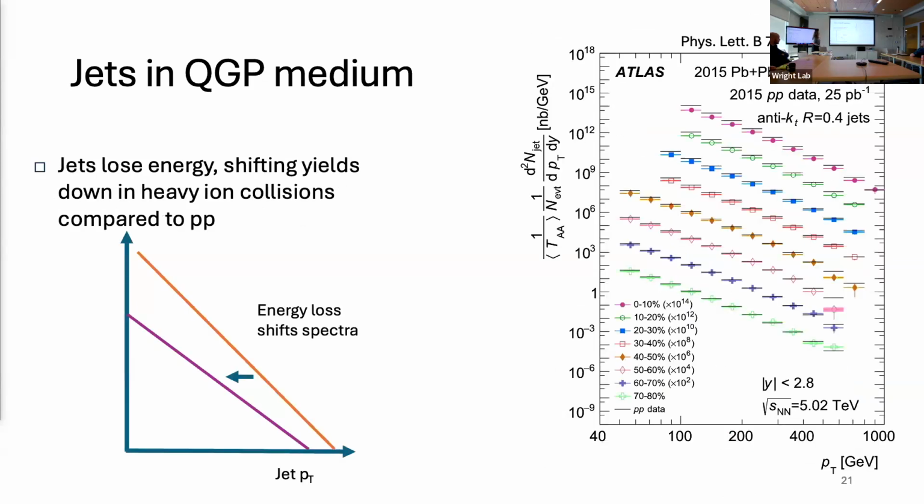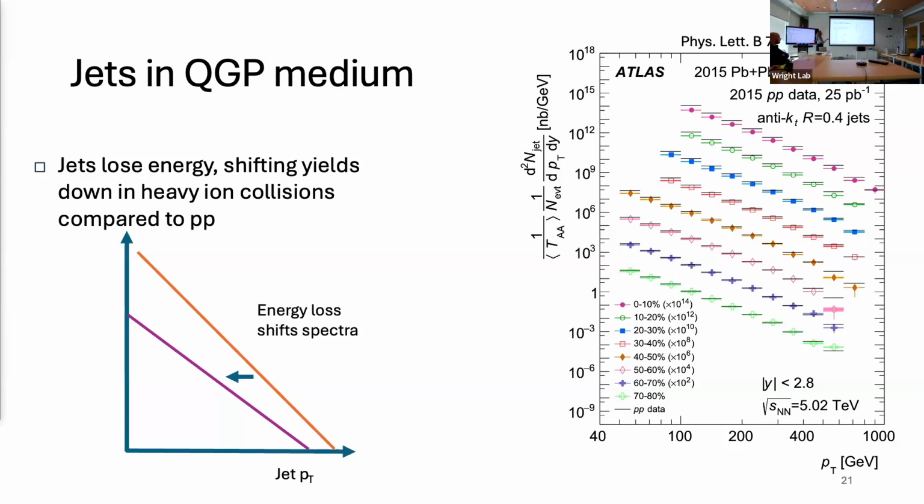In the medium then, okay, this is a silly cartoon that I made, but you have your proton-proton collision here, your spectrum. And then if you lose energy, this is going to shift over to the lower pT range. And so you're going to end up with a sort of depletion in your jet spectrum. And what this looks like in real data is something like what's on the right here, where the lines are for proton-proton collisions, and the points are from lead-lead collisions.